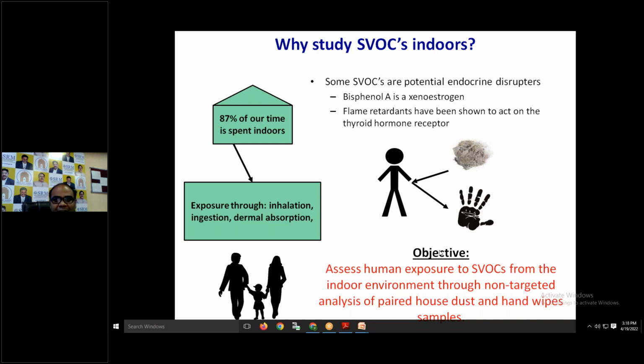Bisphenol A is a xenoestrogen. Flame retardants have been shown to, flame retardant we are using sometimes in the household things or electronic products, but they are affecting the thyroid hormone. They are affecting the receptor of your thyroid hormone, right?